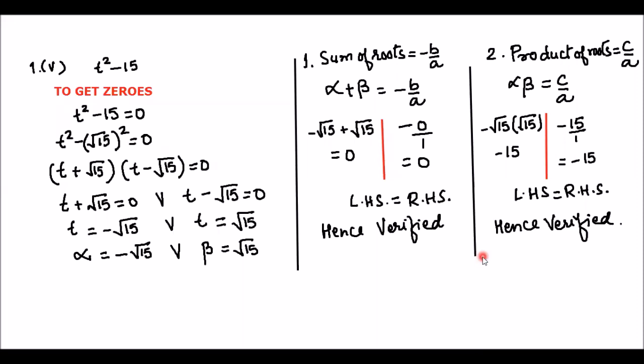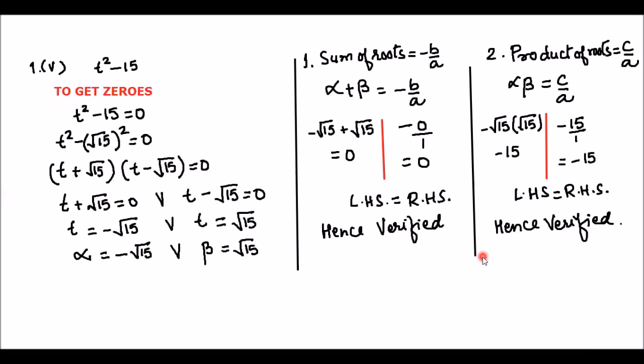Suppose one term of the quadratic polynomial is missing. How to verify the relations and how to find it. So children, in this case, you have seen the t square minus 15. This is the polynomial. Therefore, the single power term, that is t, is missing. In a quadratic polynomial, first we have a term which has the square of the variable. Then we have a term with single power of the variable, and then a term without the variable.